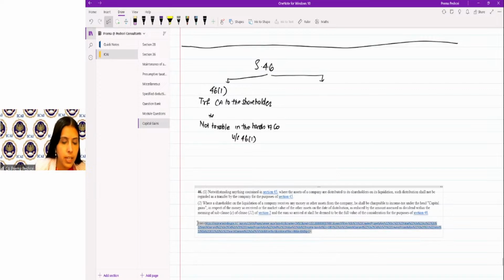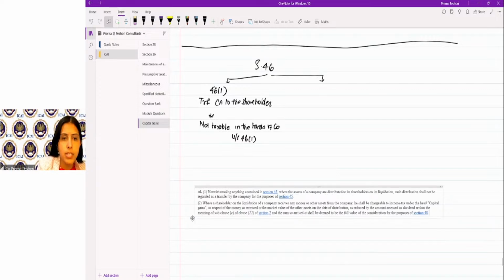See why I'm putting the Income Tax Act bare provision, because that will help you, even understanding it practically. So this says, notwithstanding anything contained in section 45, again overriding 45, where the assets of the company are distributed to its shareholder on liquidation, such distribution shall not be regarded as transfer for the purpose of section 45.